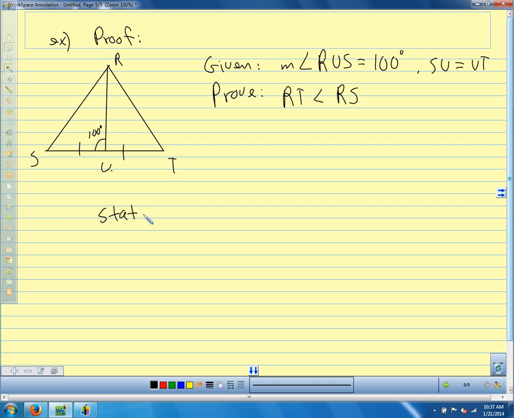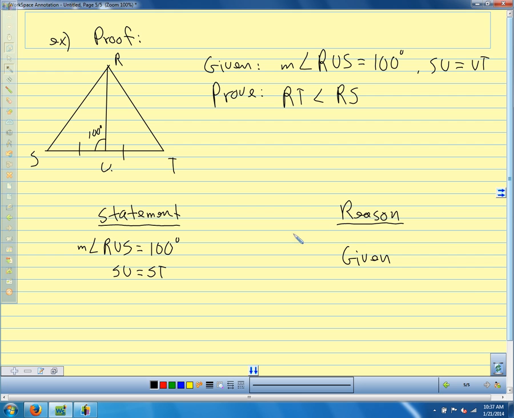We'll do a two column proof. So we'll start with our givens, that the measure of angle RUS is 100 degrees, and SU equals ST. Those are given. So let's just start by writing down what else we can figure out from the picture here.